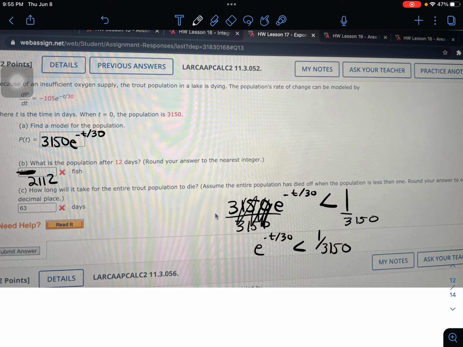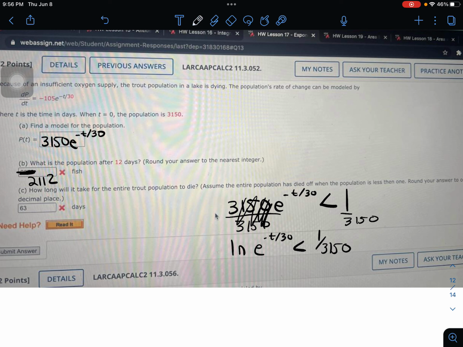Okay. And now I need to solve this exponential. This goes back to pre-calculus and algebra 2. Whenever you're solving an exponential, and I know it's an exponential because my variable is in my exponent, I have to use logarithms, and that's what I'm going to do. I'm actually going to use a natural log.